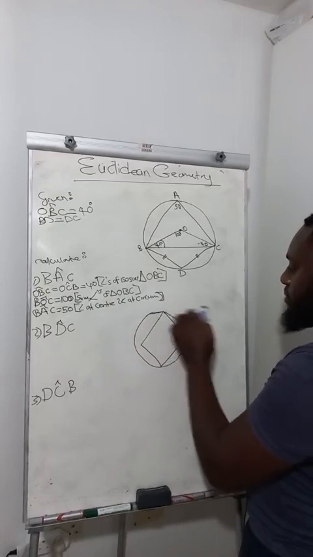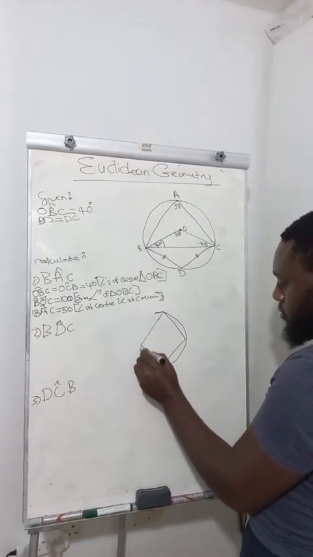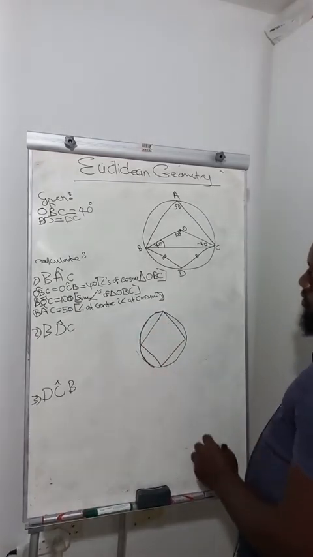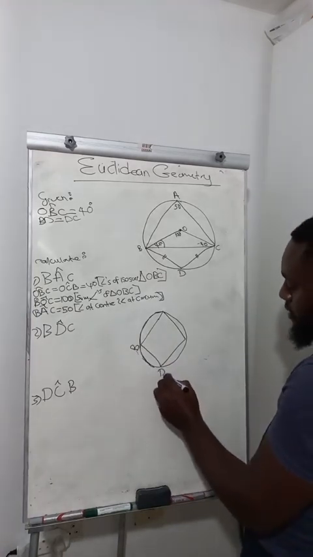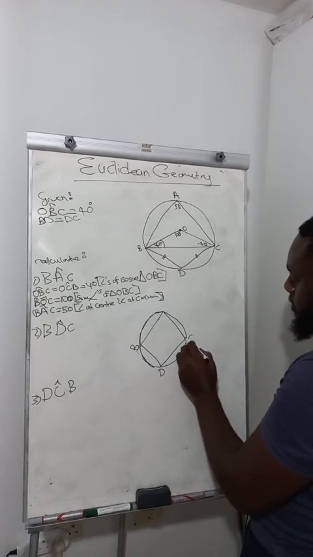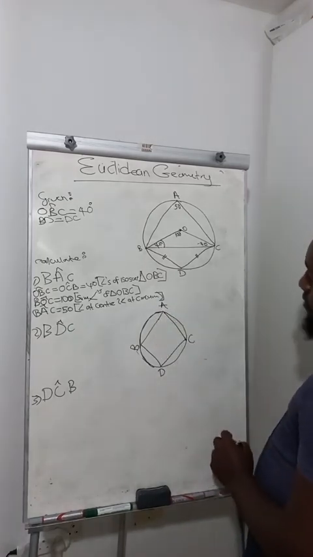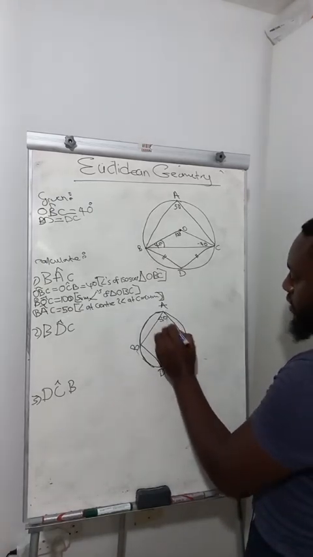Yeah, having something like this. So here you have a B, this is a D, and this is a C, and then this is an A. In this case, this is a 50 here.